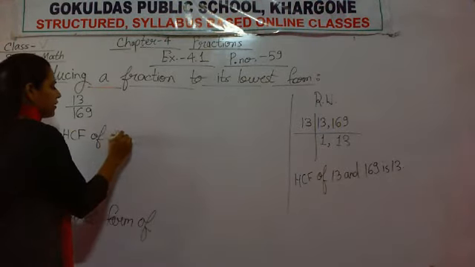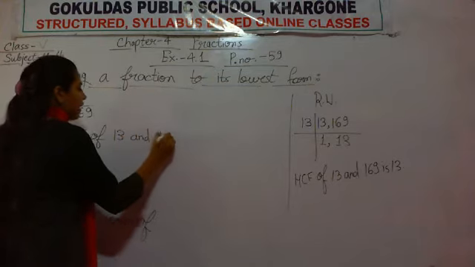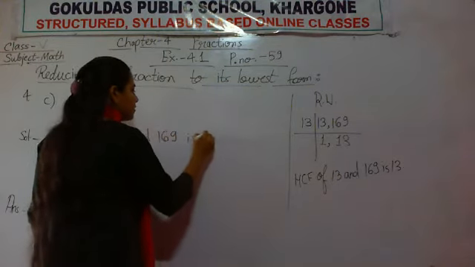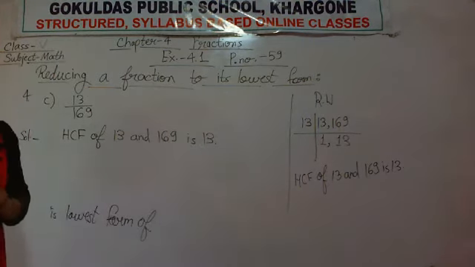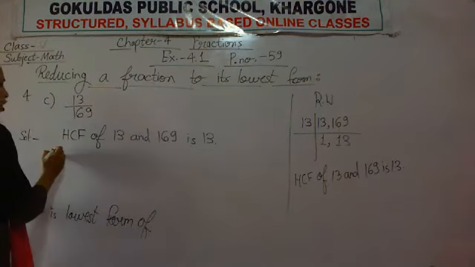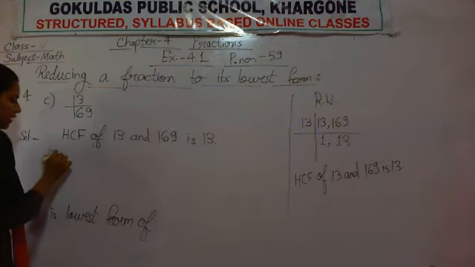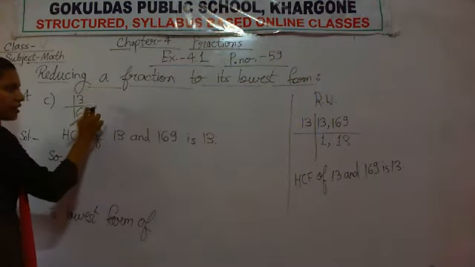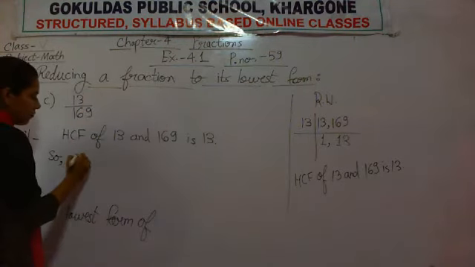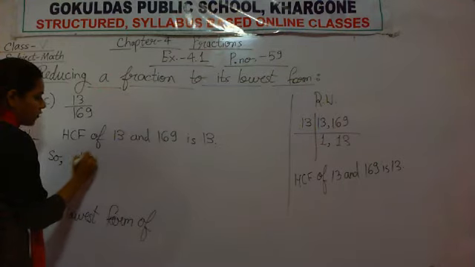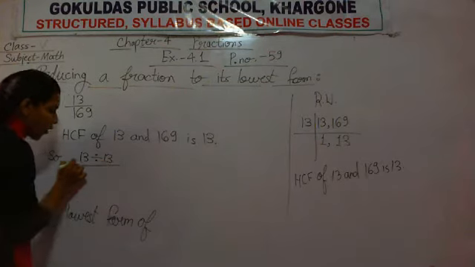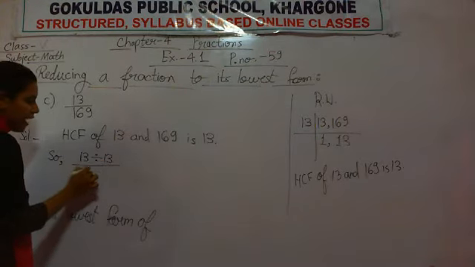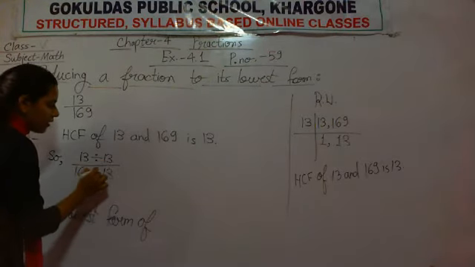HCF of 13 and 169 is 13, right? We have done one step, we have found the HCF. Now what will we do? We will divide numerator and denominator by HCF. So divide 13 by HCF, which is 13, upon 169 divided by 13.